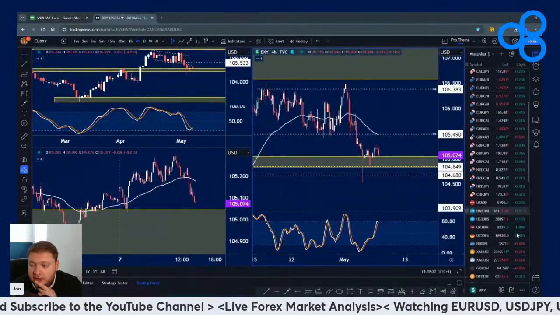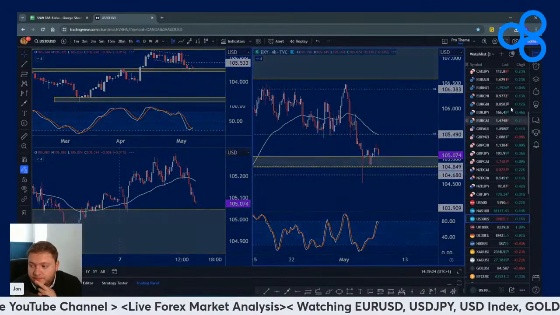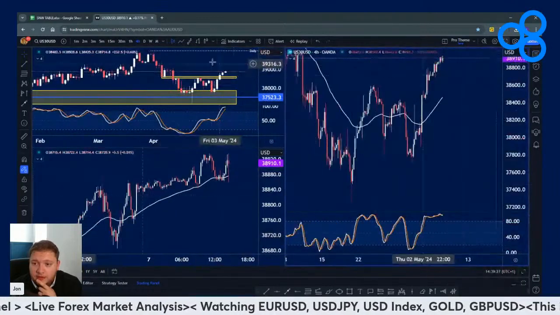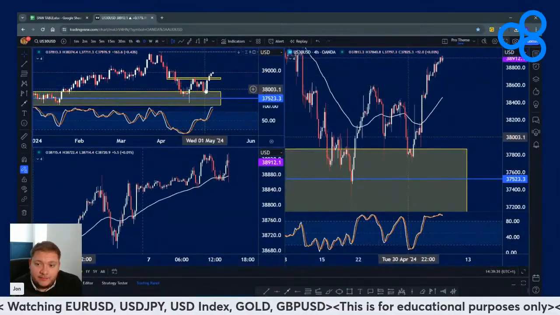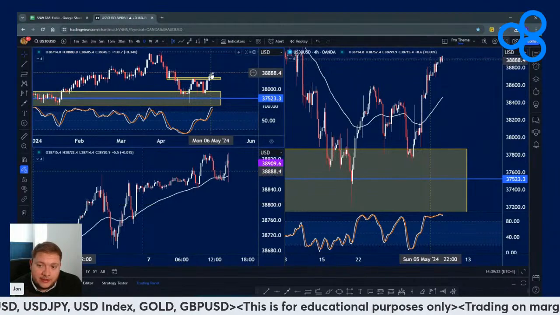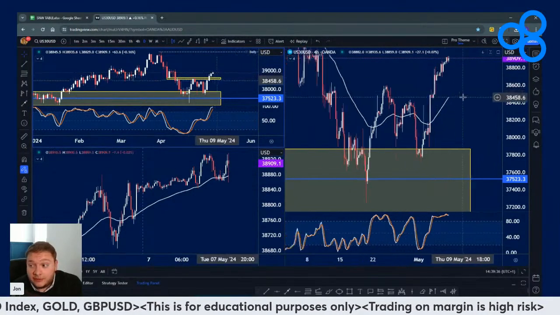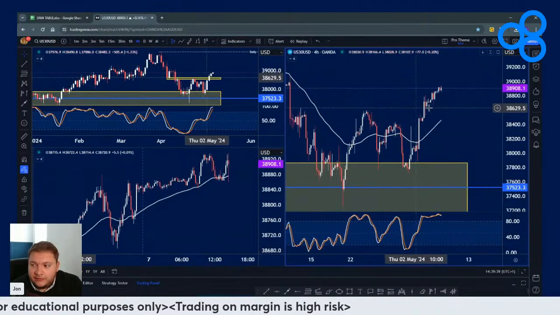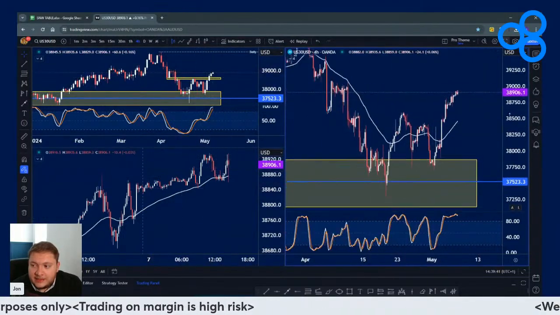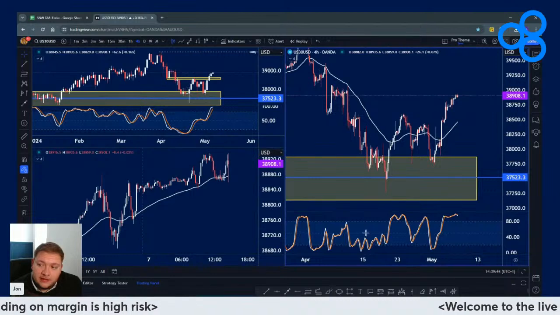I imagine the stock markets would be very good at the minute, or at least enjoying it. You can see here on the Dow, we've now made a new high on the 4-hour time frame. Is this price starting to move back to the upside? Maybe we can start being a buyer of the Dow again.